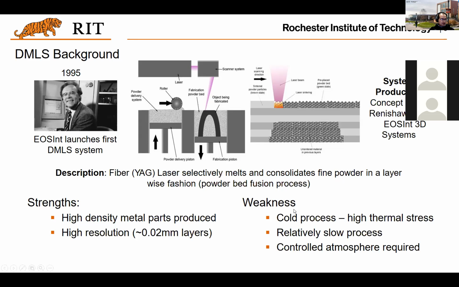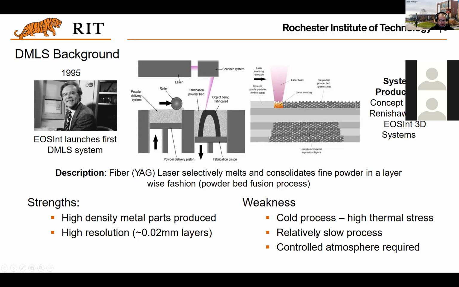So another thing is it also has some drawbacks which need to be overcome. For example, the high thermal stress, because in the printing process there's basically no preheating for the powder. It's a cold process, so there will be thermal stress produced during the printing process, and that could degrade the mechanical properties of the parts.